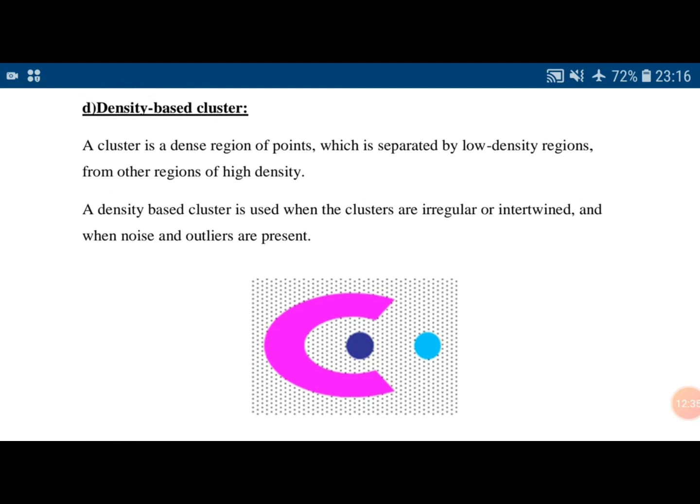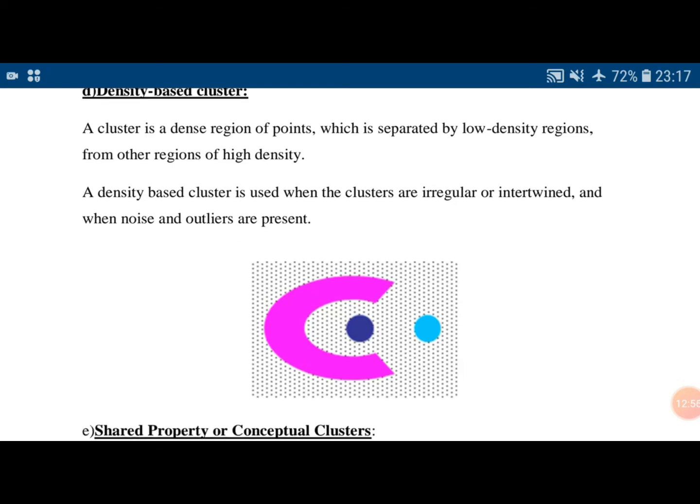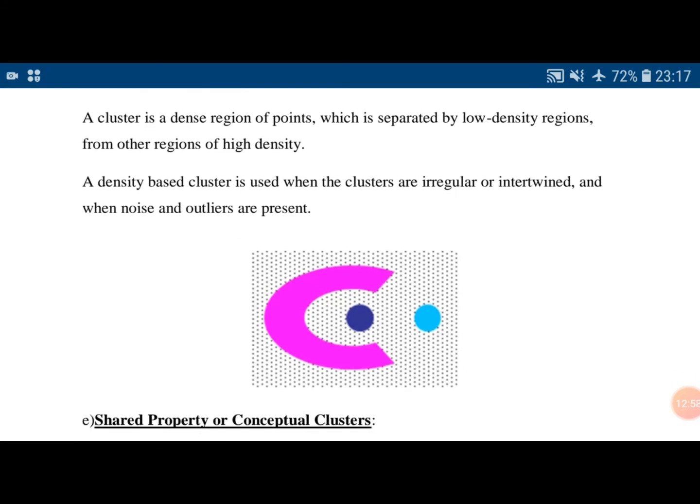Okay, a cluster is a dense region of points which is separated by low density regions from other regions of high density. So here itself, the same point is discussed. In the figure we can see a thick blue circle and a light blue circle.